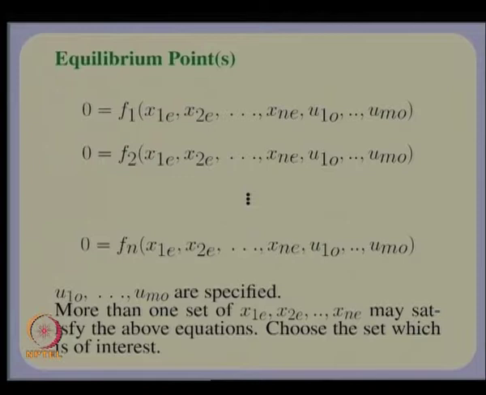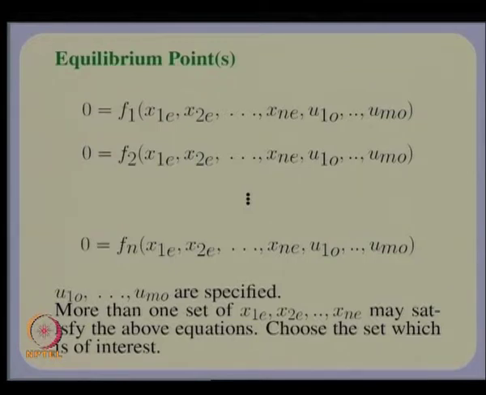These again are nonlinear algebraic equations. The equilibrium points are obtained by solving these nonlinear algebraic equations. Remember that more than one set of equilibrium states may satisfy the above equation. So, you may have more than one set.